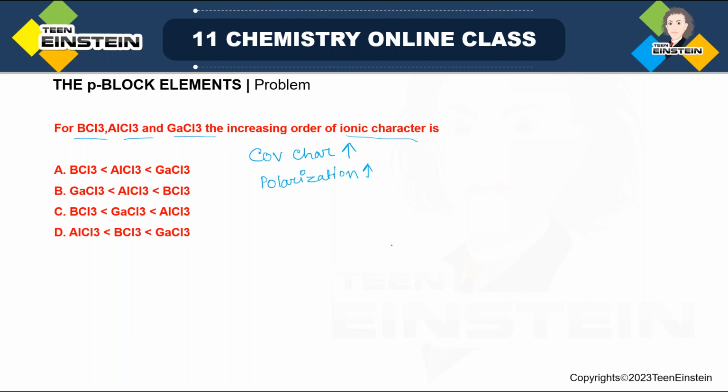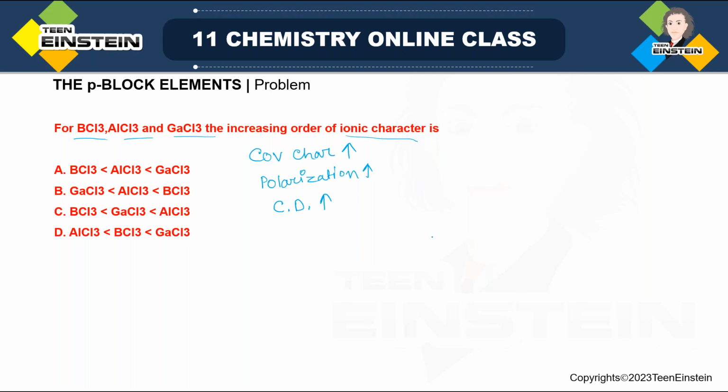Basically, when polarization is high, covalent character will also increase. When polarization is very high, when charge density is very high. Charge density high means polarization high, covalent character is high. And charge density means charge by size ratio.